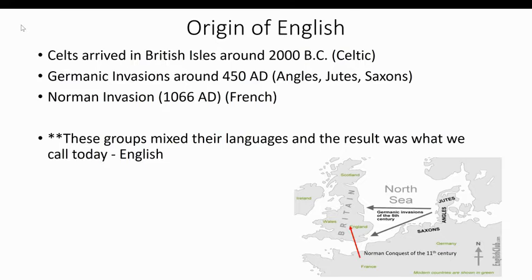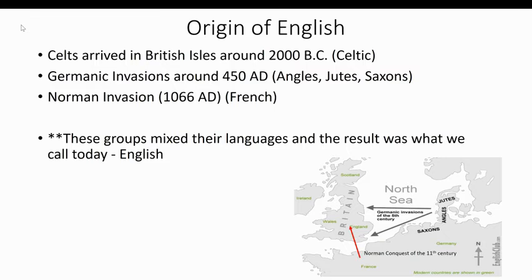In doing so, they started to pick up words from the Celts. If the Celts had a word to describe a certain geographical feature that the Germanic groups had never seen before, they might start adopting that word for that feature. And so over a long period of time, the Germanic language of the Angles, Jutes, and Saxons changed and assimilated those Celtic words for different things.